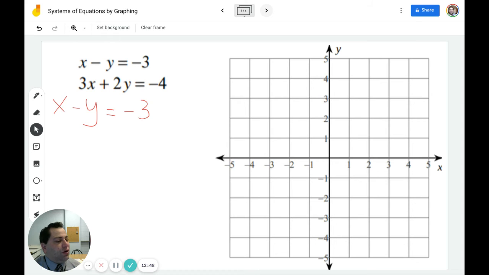The secret to getting it in slope-intercept form is to solve for y. So here, I'm going to move my x to the other side. I get negative y equals negative x minus 3. And then to reverse a negative y, I just have to change each term's sign. So I have y equals x plus 3.